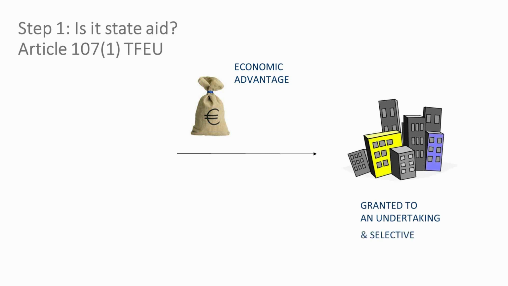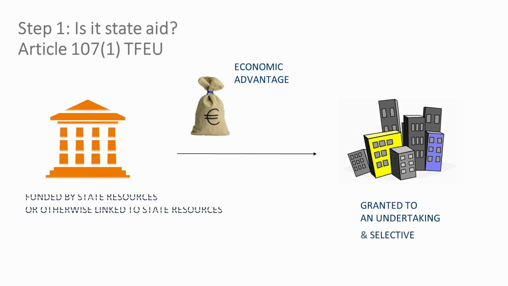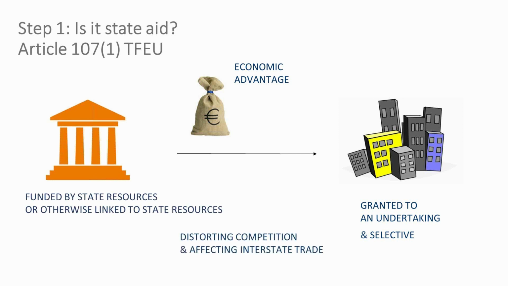So not only must it be given to an undertaking, but it has to be selective. Then it must be state-funded, so either through state resources or there's a link to state resources. We'll explain that later. And finally, it must distort competition and affect cross-border trade.